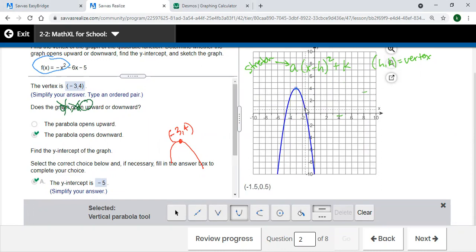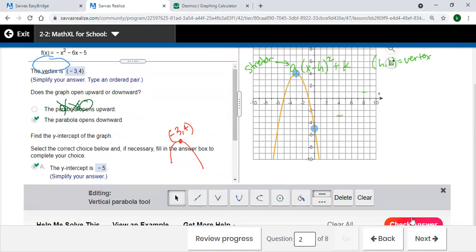There's -3, 4, it's opening down, and we have a y-intercept down at -5. So I use that as my other point. The first point was the vertex, and then I can do any other point, but since I know the y-intercept at -5, and -3, 4, if I got the right coordinate on the vertex, I think we should be good here. Let's check.